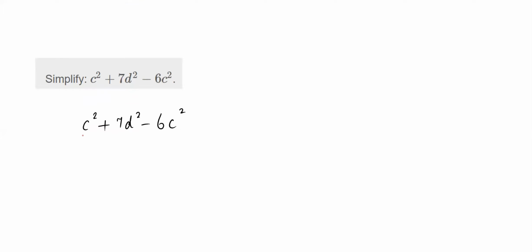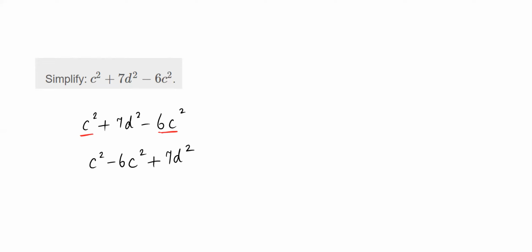As you can see, the c squared and this c squared, these two are the like terms. Just for convenience, I'm going to put them right next to each other. The commutative property in math allows us to do that. We can't simply move things around, we do it just because of the property.